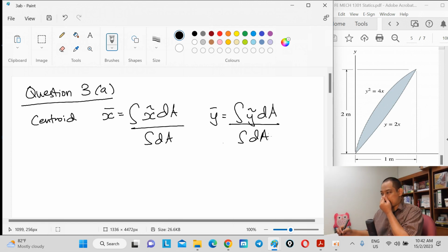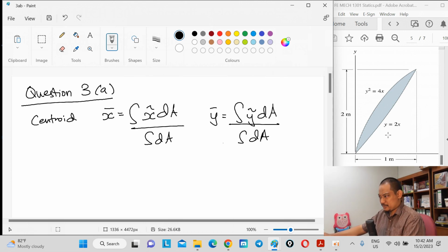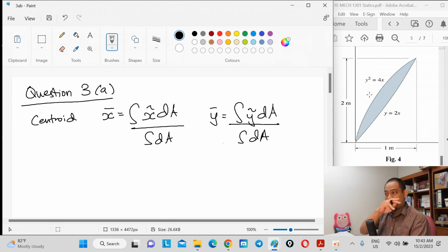So we need an element. In this case, because y squared equals 4x, I think it's easier to have it in terms of y, so let's try that one. In terms of y means that it is horizontal, because that's dy there, right?